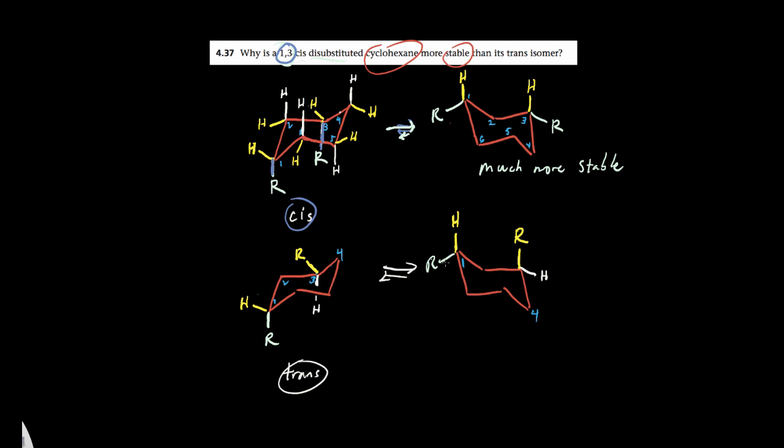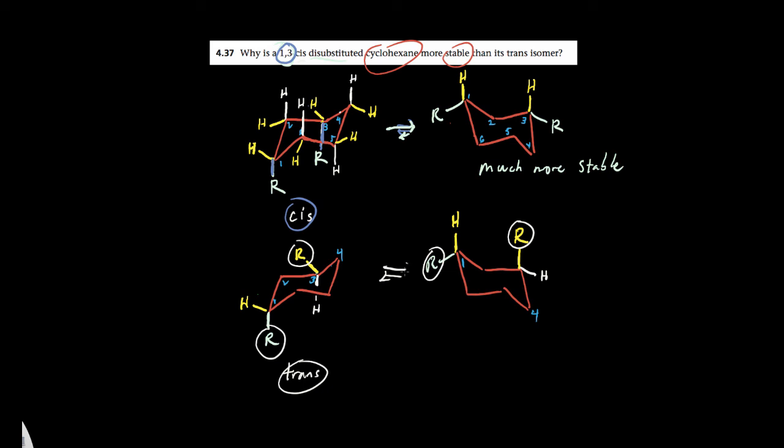So notice when we do these two chair forms for the trans molecule, you have one axial and one equatorial substituent in this chair form, and you have an axial and an equatorial substituent in the other chair form.